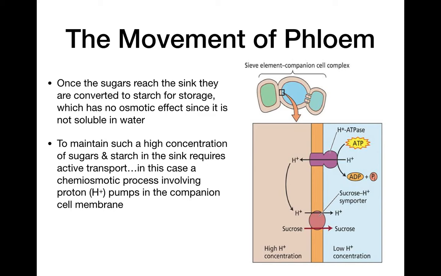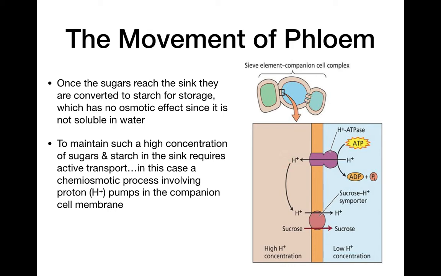Okay, but to maintain this high concentration of sugars and starch, the sink is going to have to use active transport. It's trying to pull all the sugar inside the sink. To do that, it's going to use a proton gradient, just like we use in a lot of other processes in biology. So it's going to use ATP, converting ATP to ADP and a phosphate, to pump protons outside the sink.